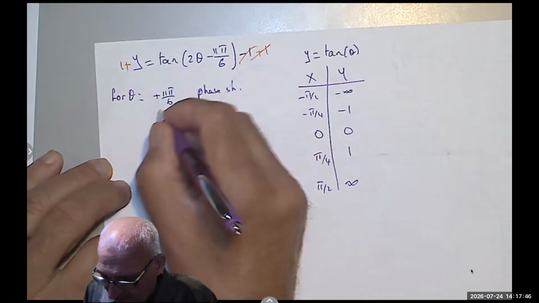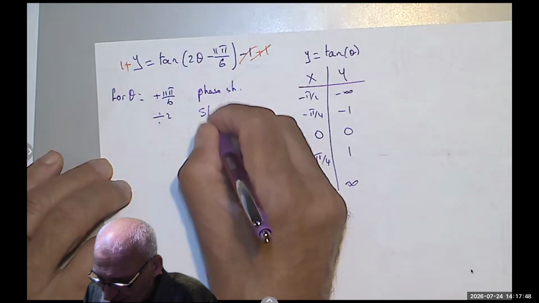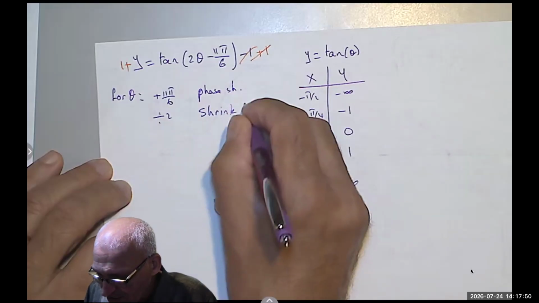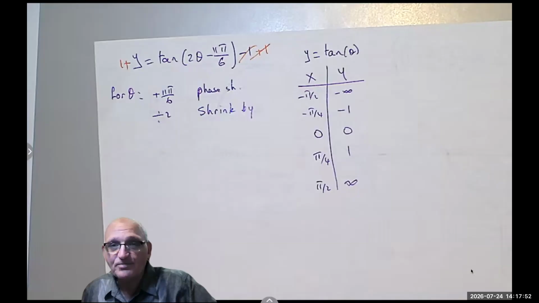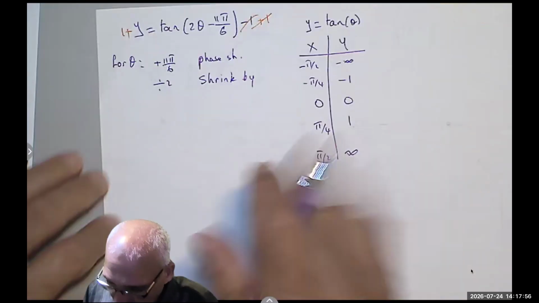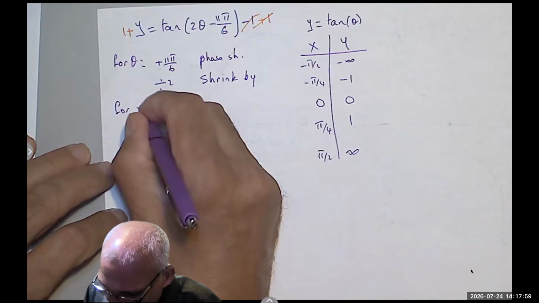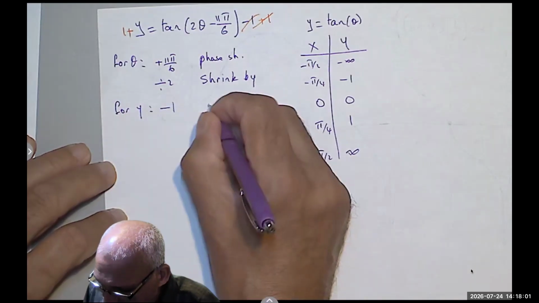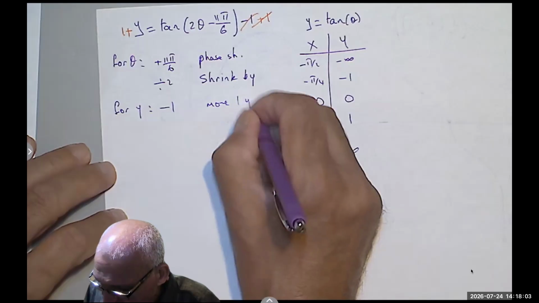Then I have to divide by 2, shrink by 2. So the period is pi over 2, not pi, right? For y, subtract 1, meaning move 1 unit down.